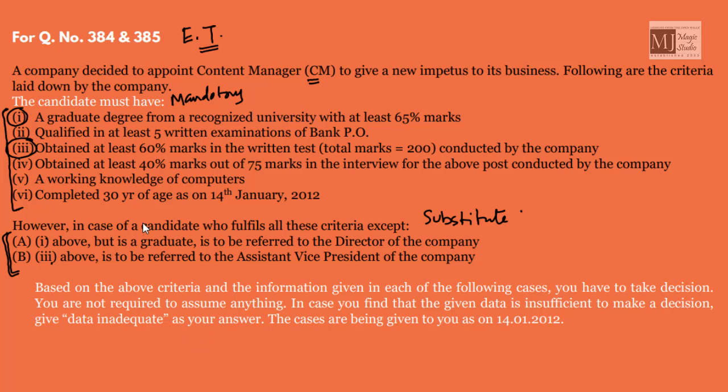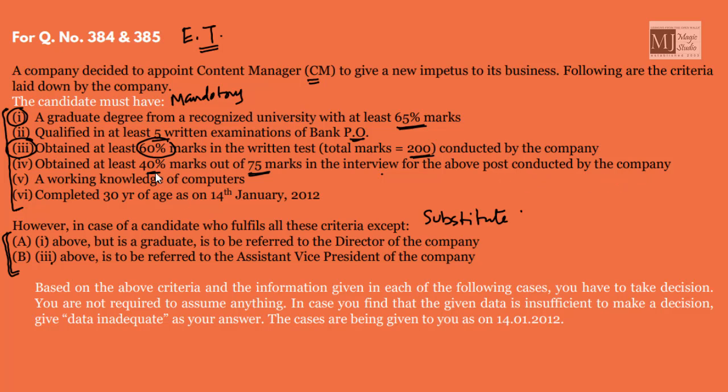Now what are the mandatory criteria? A graduate with 65% marks, qualified in at least 5 written examinations of bank PO, obtained at least 60% marks in the written test, total marks are 200, obtained at least 40% marks out of 75 marks in the interview, from the above post conducted by the company.